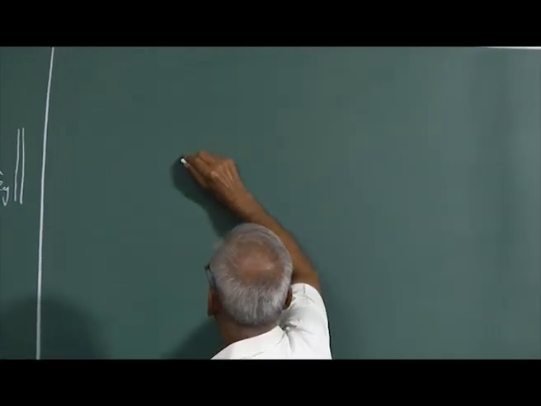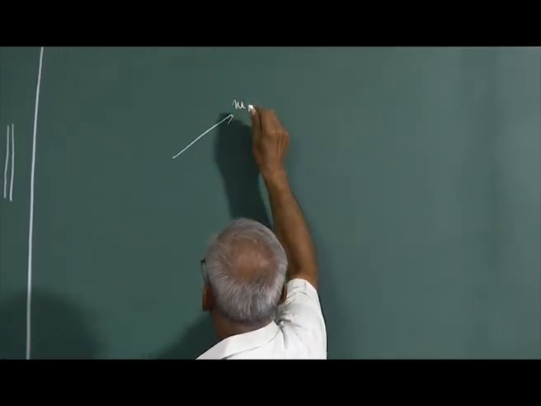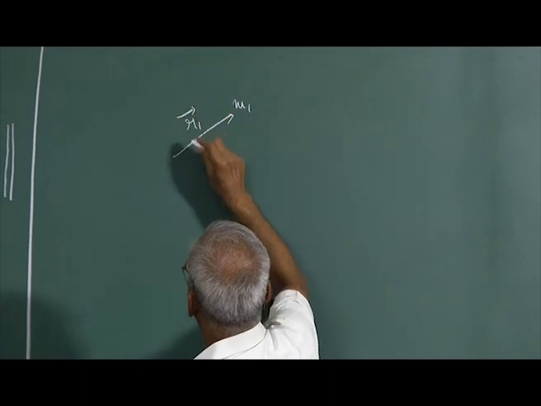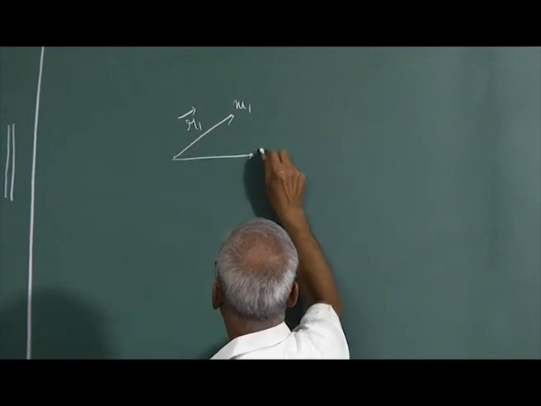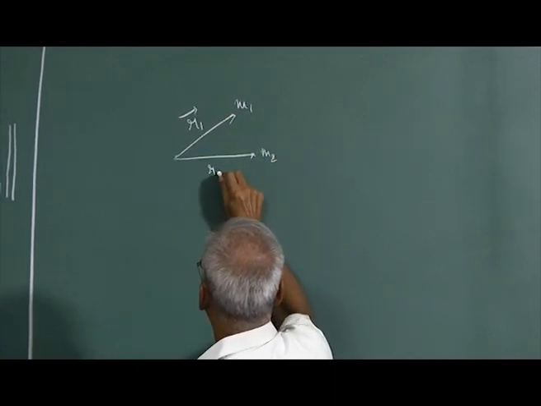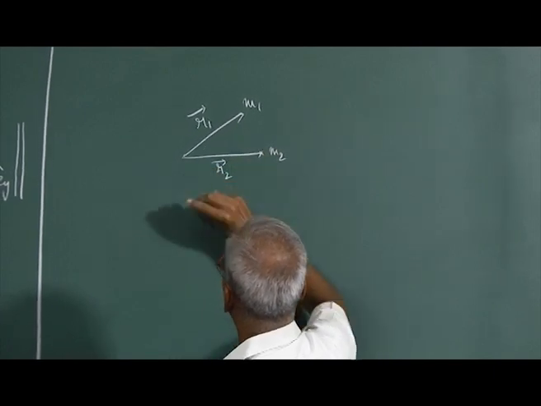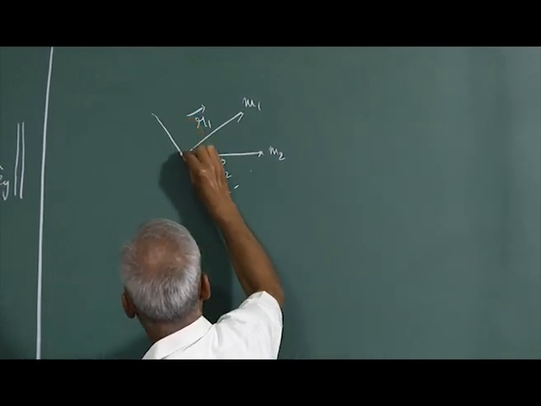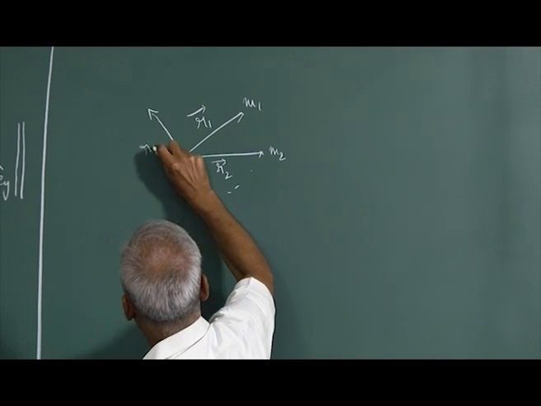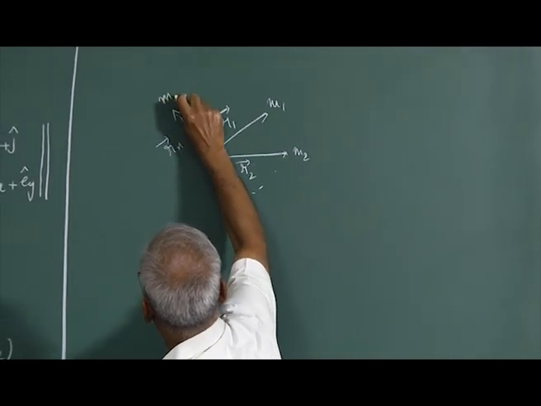You have particles m1 at r1, and this is another mass m2 which is at a position r2, etc., and then I have here rn, this is mn.